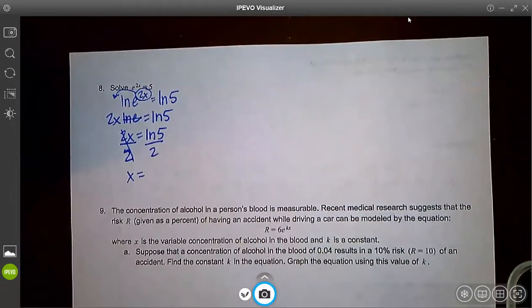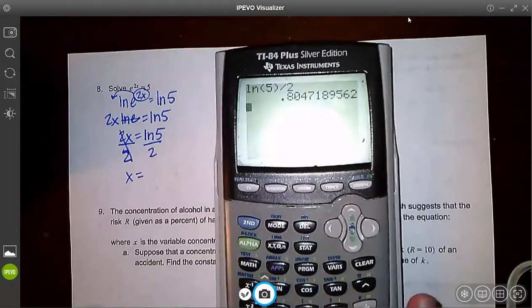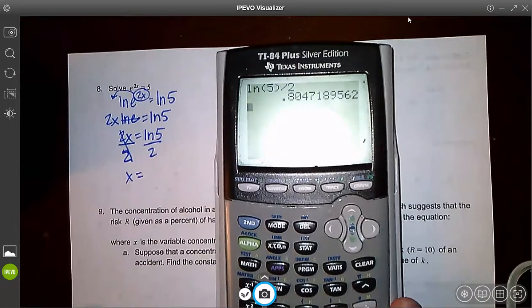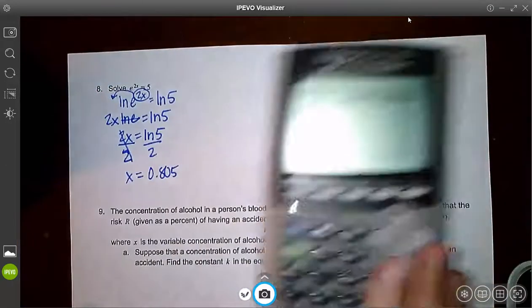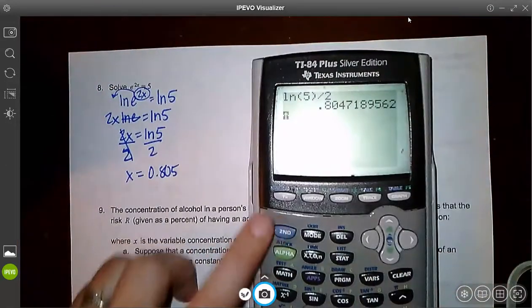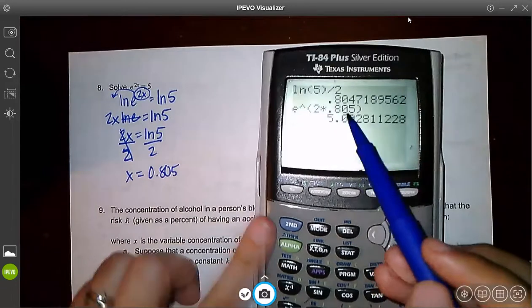You want to make sure that you end your natural log parentheses before you divide by 2. So natural log of 5 divided by 2, 0.805. You can check this by plugging it back in. If you have e to the 2 times 0.805, that should give you close to 5 because we rounded.